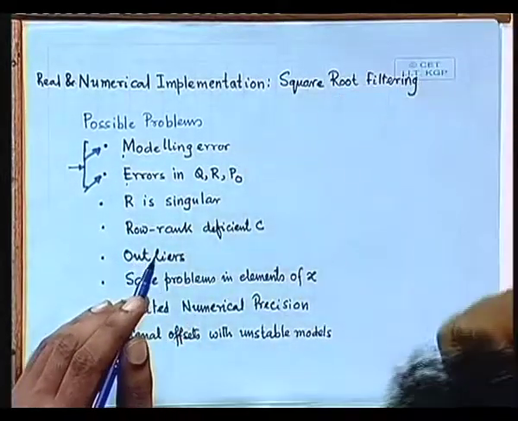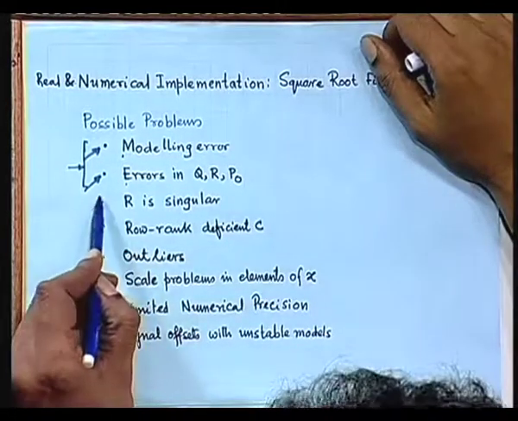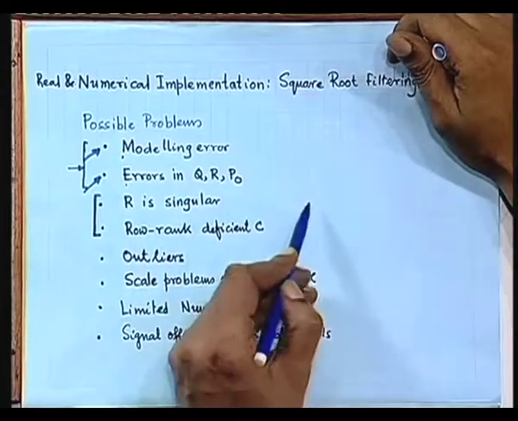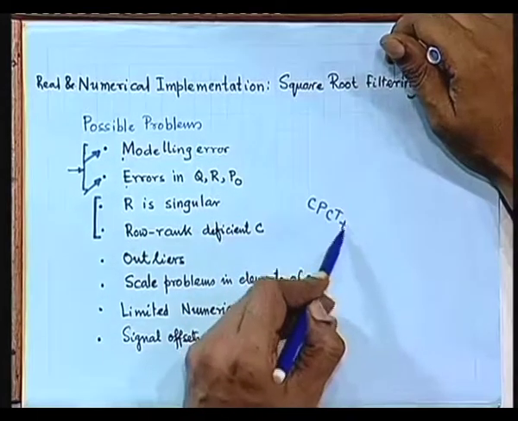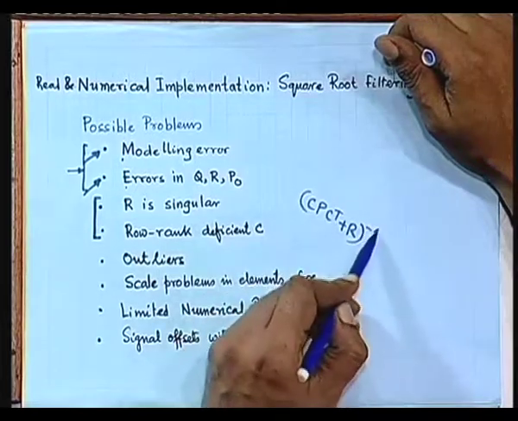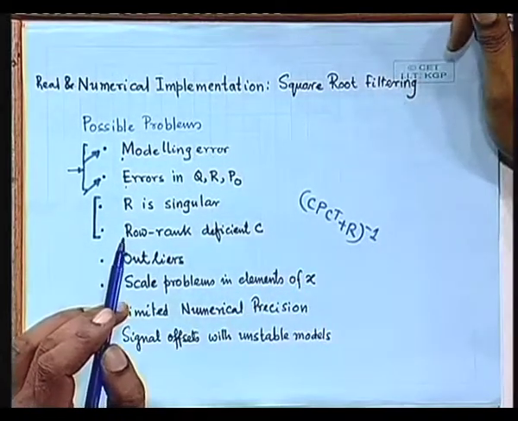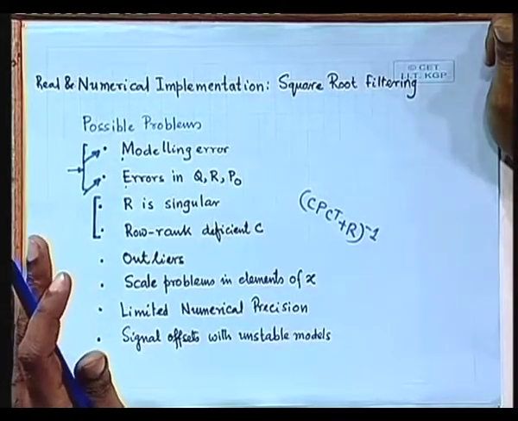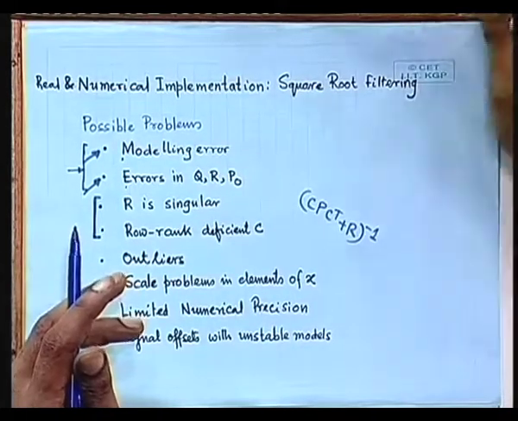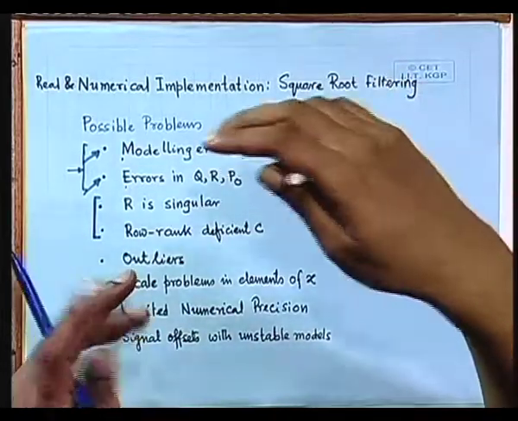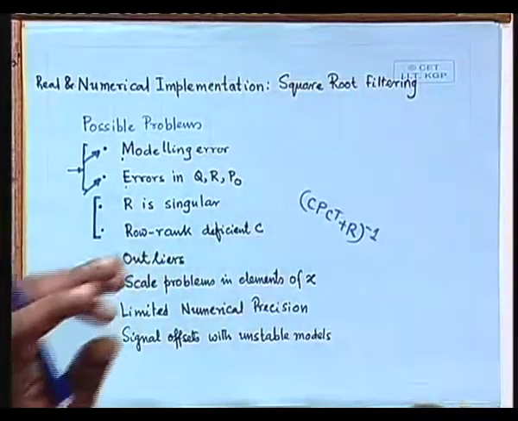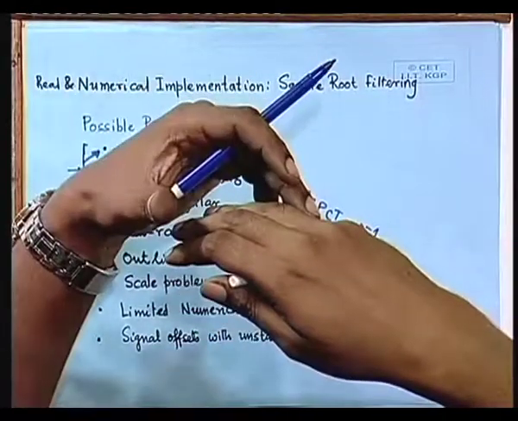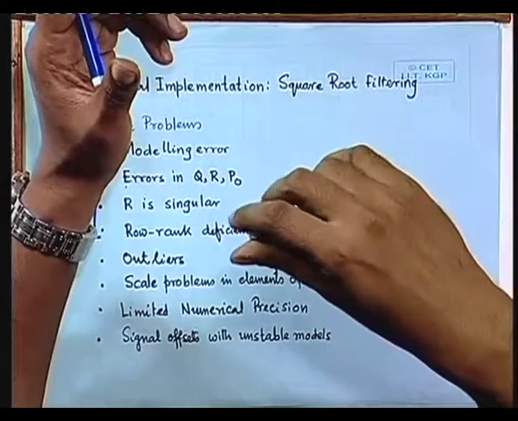Sometimes what happens is that these two things together. See, if you remember, the Kalman filter has a term called CPC transpose plus R inverse. So wherever you have an inverse, there is caution. Is it invertible? Sometimes you are running the filter and suddenly, if at some point it becomes numerically singular, the estimate will explode, right.